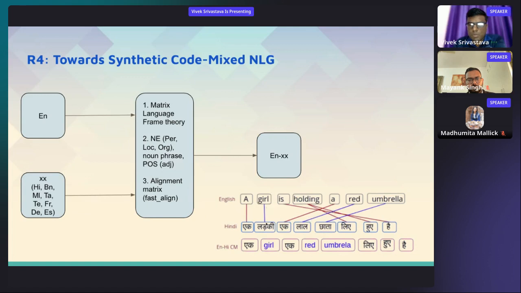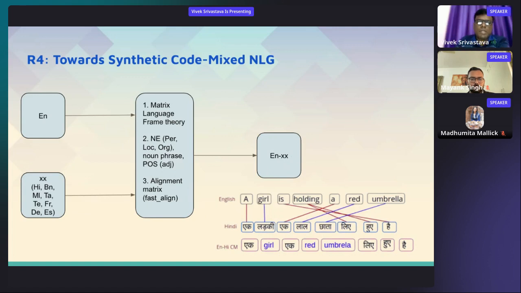So all the blue alignments that you are seeing will be used to do the replacement in the final text. Once you get this alignment, like girl and ladki, you replace the word ladki with the English word girl, right? So this is how they finally generate the English Hindi data set.